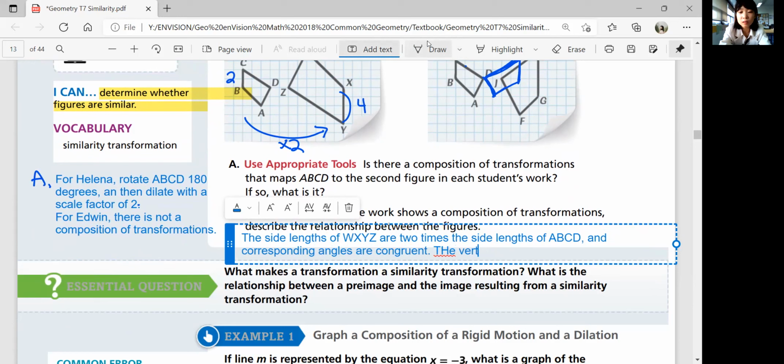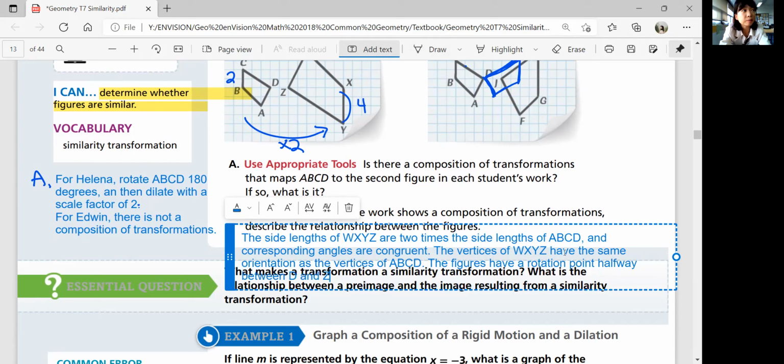The vertices of WXYZ have the same orientation as the vertices of ABCD. Figures a rotation point halfway between Z, or the things that you can write down.